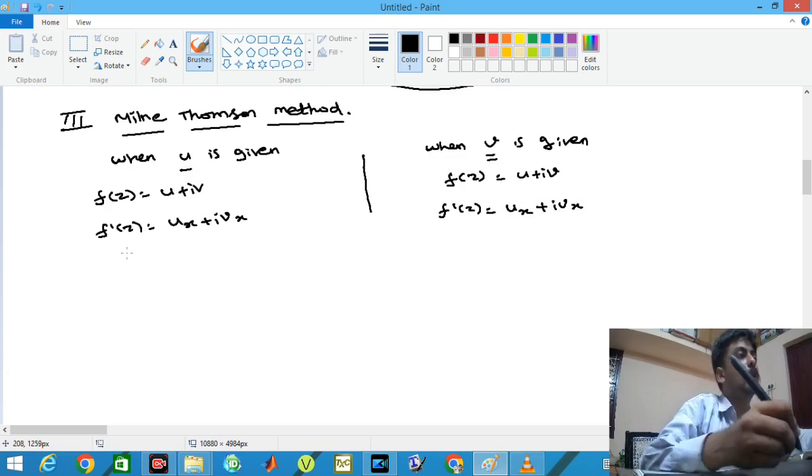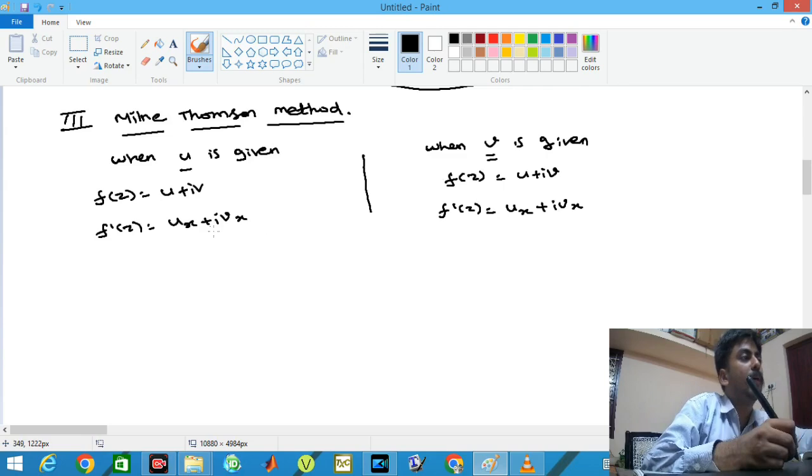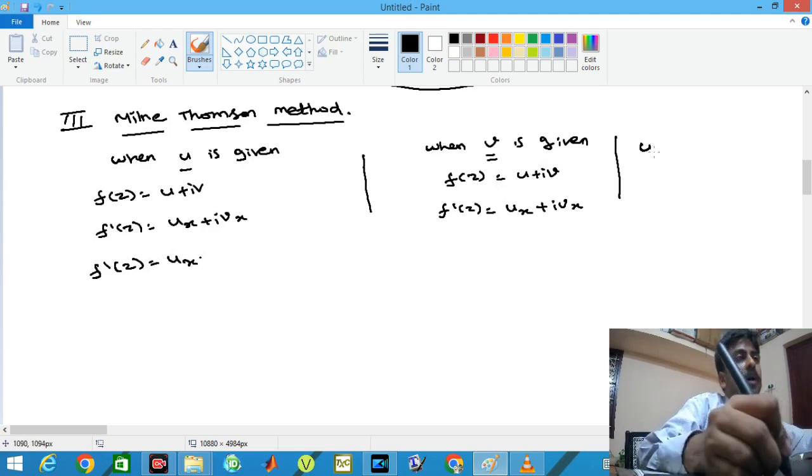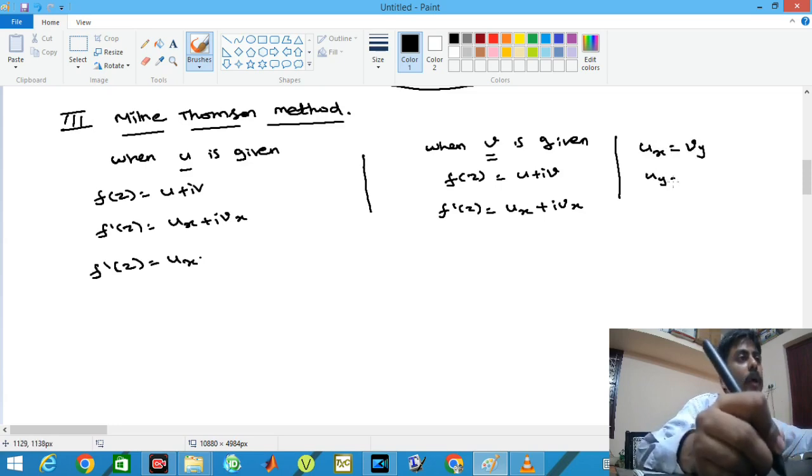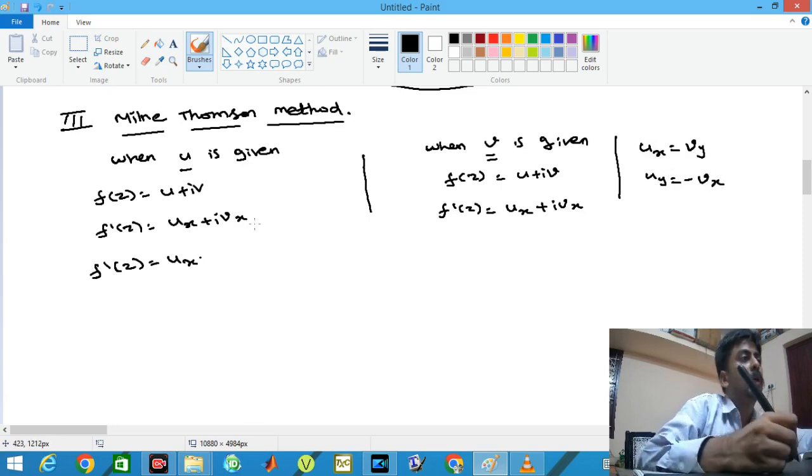So we have to convert everything in terms of u here, and in terms of v there. For an analytic function, we know that ux equal to vy, uy equal to minus vx. So this vx will be equal to minus uy, so minus i into uy.